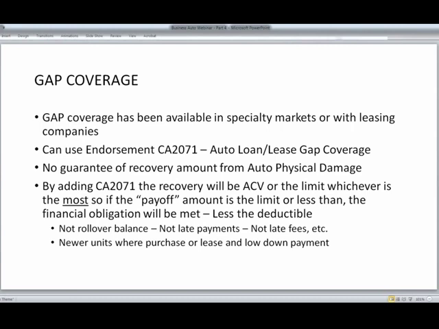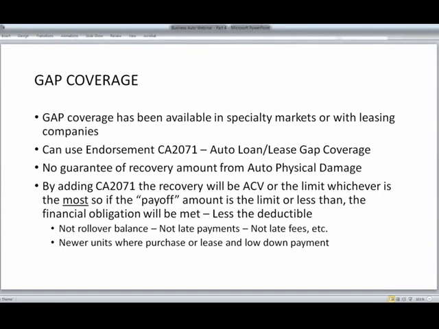The endorsement CA 2071, auto loan and lease gap coverage. There is no guaranteed recovery amount from auto physical damage. That's why it's here. But by adding the gap coverage, CA 2071, the cover will be ACV or the limit, whichever is the most.